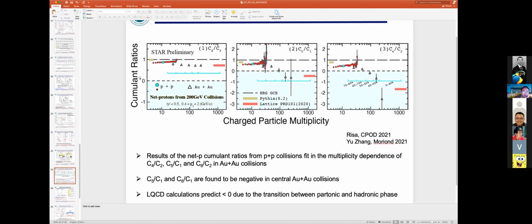This deviation from unity means there are correlations between protons and antiprotons, some additional correlation dynamics. Otherwise, it should be unity. But what's the real physics mechanism behind it? You can see that from small multiplicity to higher multiplicity, we are approaching unity, right?